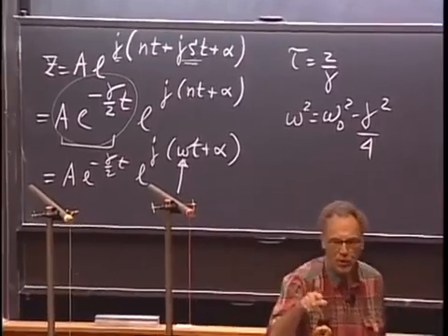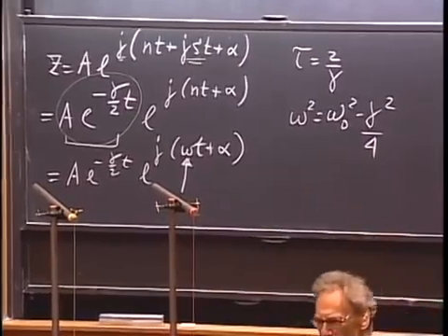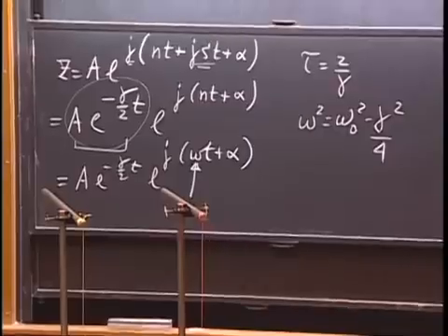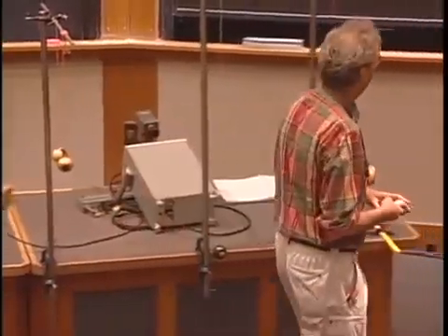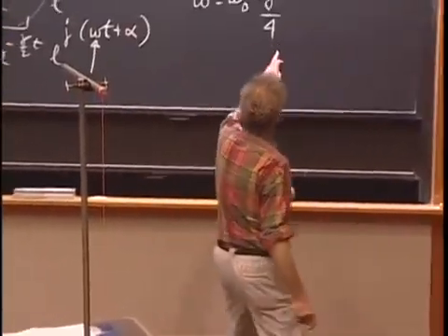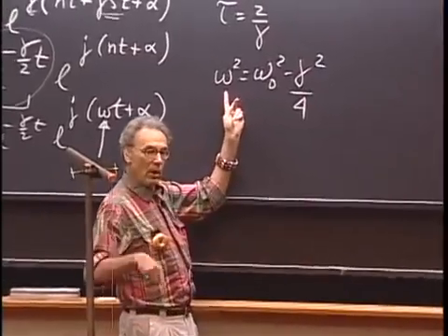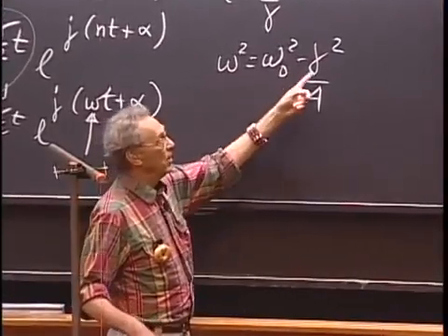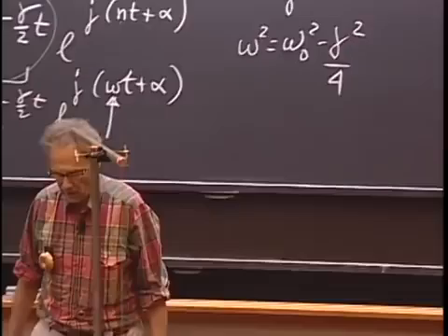So those of you in the audience who intuitively sense that the frequency would go down because of the friction, they were right. See, omega is lower than omega 0. Now, of course, if gamma is very low, the two could be close together. Depends on gamma, that's obvious. If you have a lot of friction, then omega will be a lot less than omega 0. If you have very little friction, well, then they will be very closely the same.